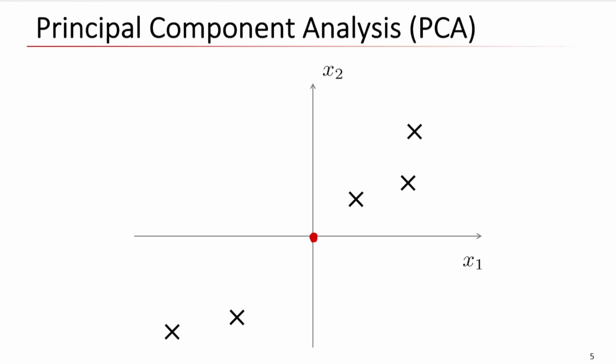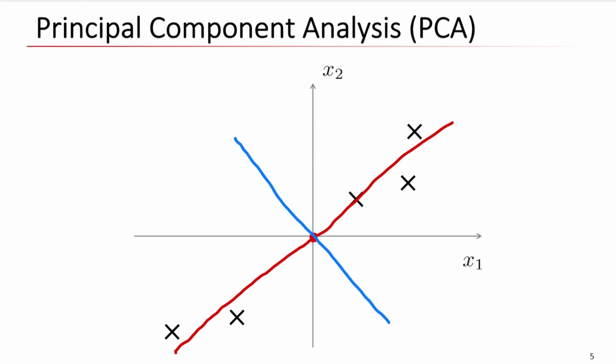We can think about several straight lines. The first one is something like that, the second one is something like that. So the question is, which one is better? Which one is the better projection in terms of the variance?